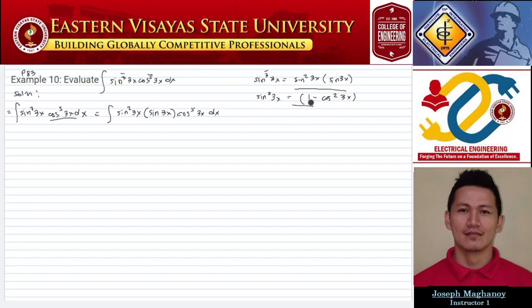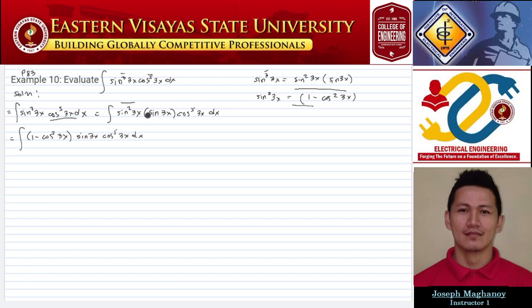So we're going to use this substitution based on the power, to replace our existing function. Okay, we rewrite the function using our substitution. That is quantity 1 minus cosine squared 3x. So still copy the remaining. So that is sine 3x cosine raised to 5 3x dx.